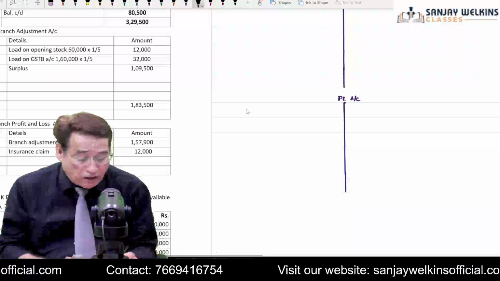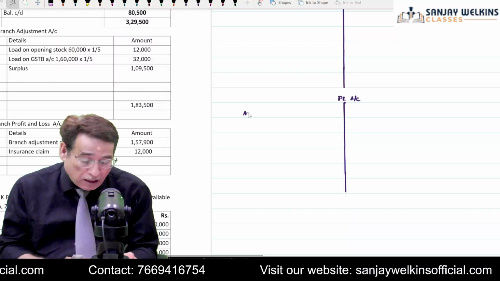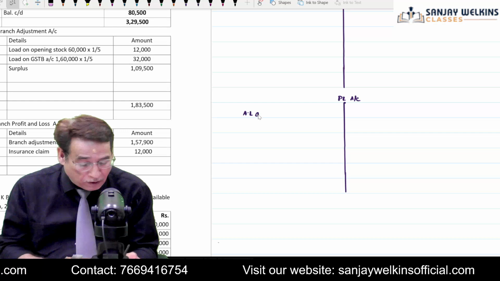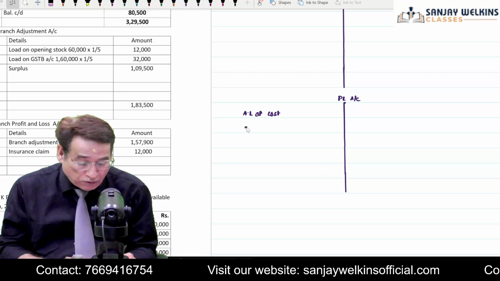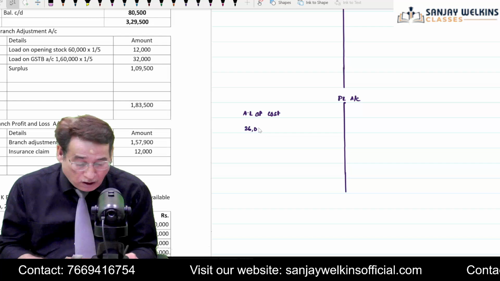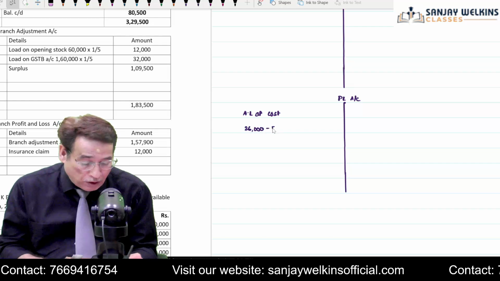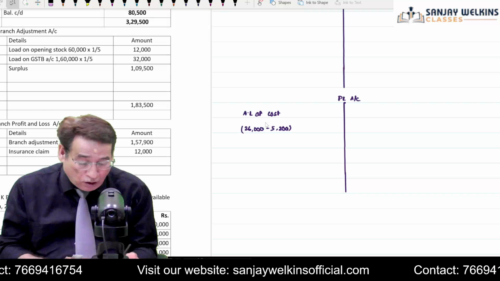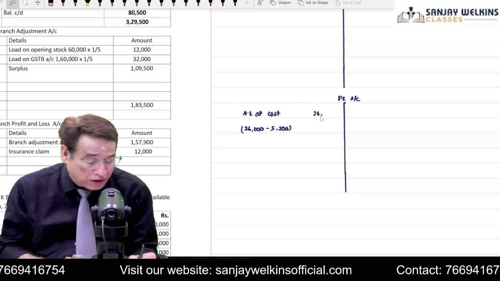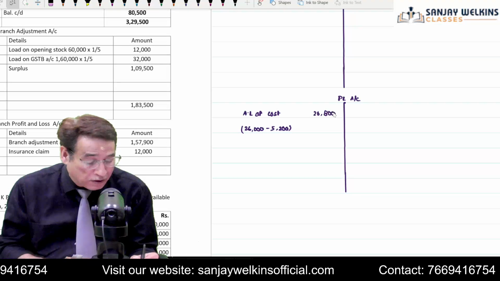Then abnormal loss at cost: total abnormal loss is 26,000 and 5,200 is the loaded portion. So in the outer column, I will write abnormal loss at cost 20,800, correct?